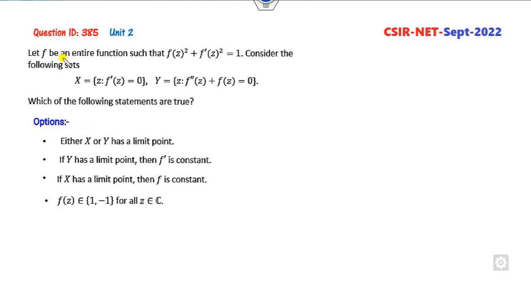Okay, f is my entire function which satisfies f square, f dash square is 1. Consider the two functions, limit point and here. So look at that. As I told you earlier, f has to be a constant. So what are the various ways you can prove f is a constant?